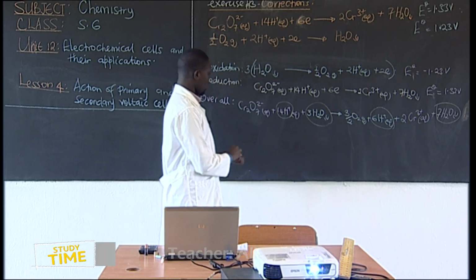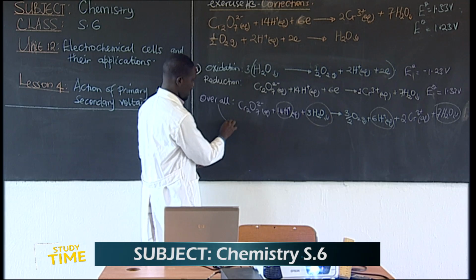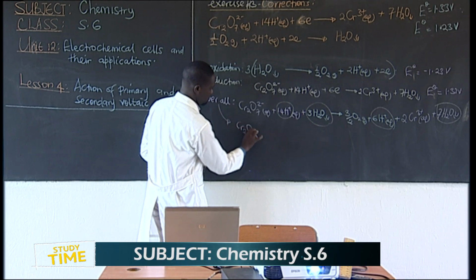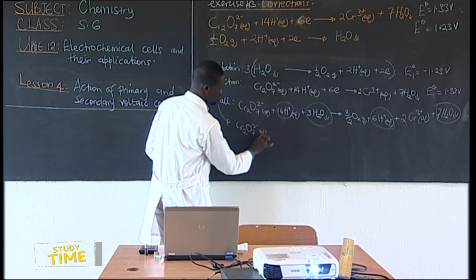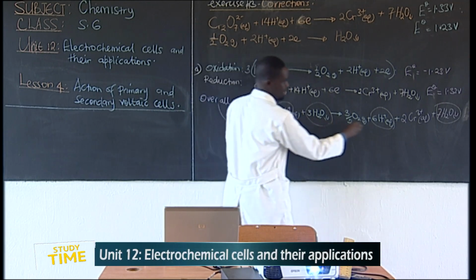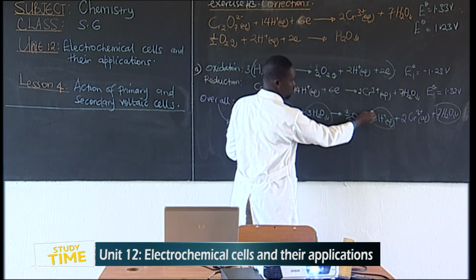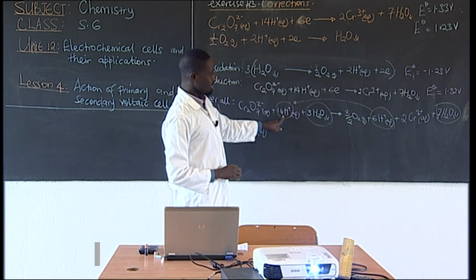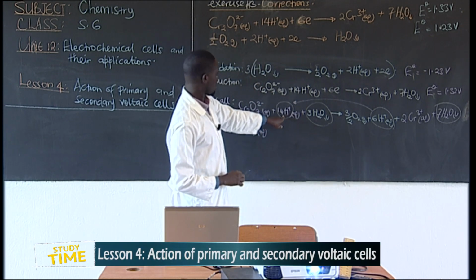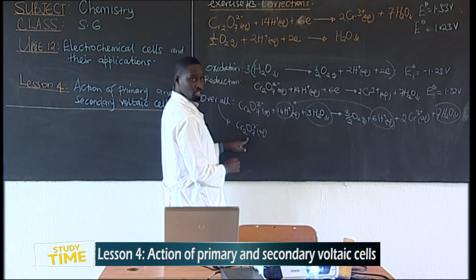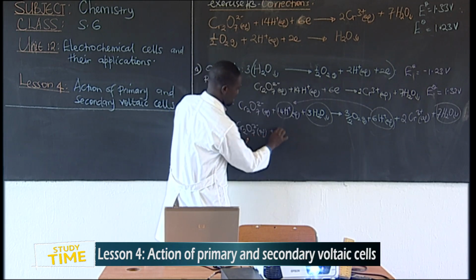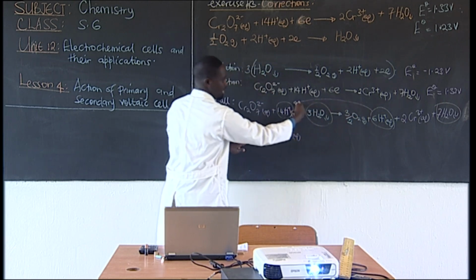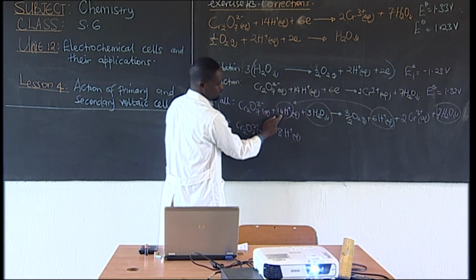So in this way, we shall find we are having the final, which will be chromium aqueous, this 14 and this, we can bring it in here. What does that give us? So we shall have this, then plus 8 hydrogen ions. Bringing this here, we subtract it from 14.